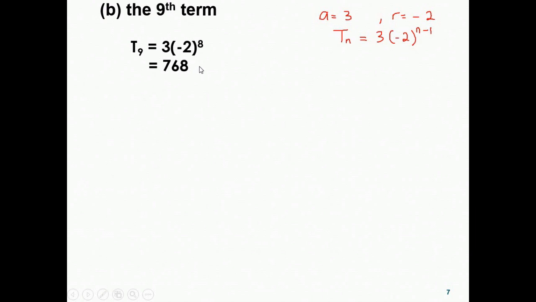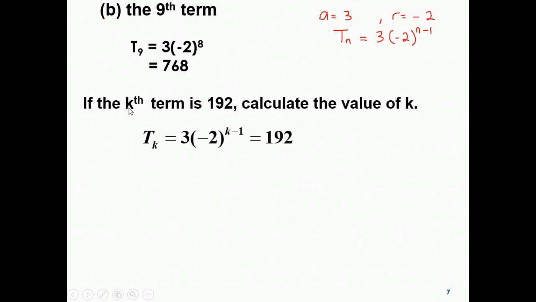and the answer is 768. And then solve the next question, which is if the kth term is 192, calculate the value of k. So now replace the n here with k. Therefore, it is 3 times -2 to the power of k minus 1, which is equal to 192.